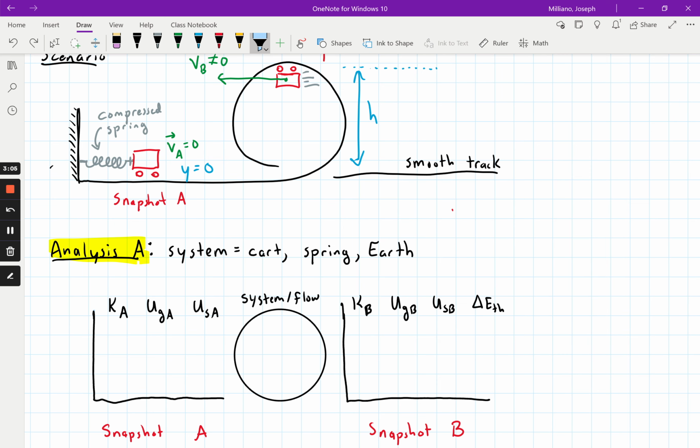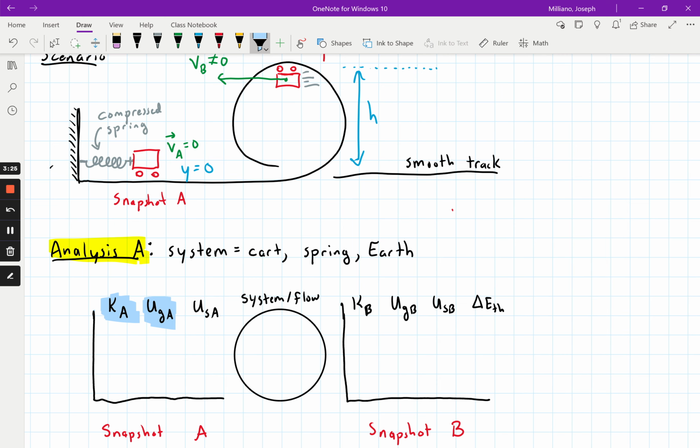And what's going on is the first bar chart on the left is describing where the energy is in snapshot A. That energy could be stored as kinetic energy, which is the energy stored in motion. That energy could be stored in gravitational potential energy. That would be energy stored in a gravitational field due to a height difference between where the cart was and where it is.